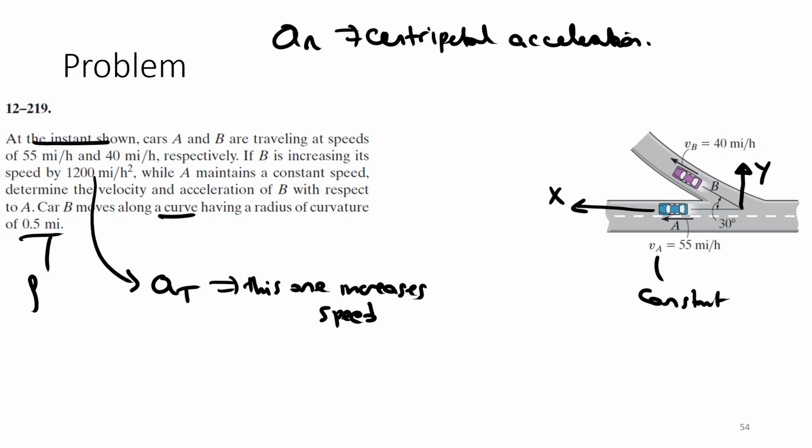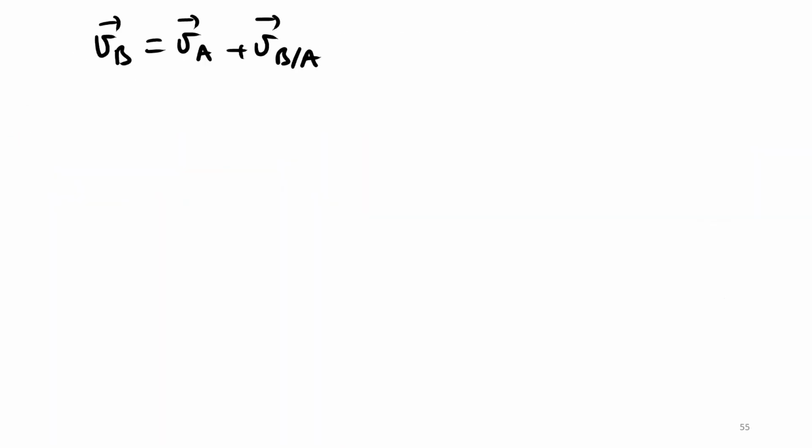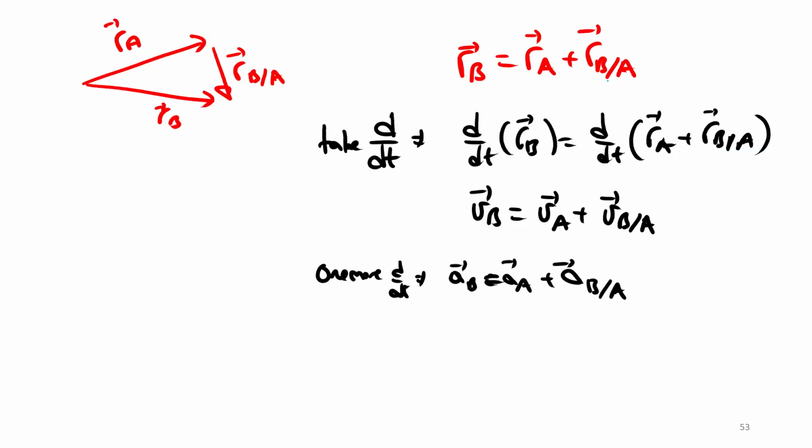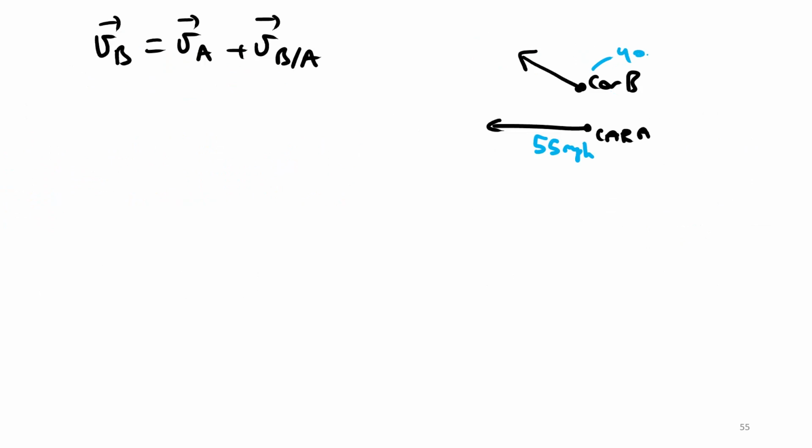Let me just add it here. So this is car B, and then we have car A. The velocity of car A is given as 55 mph. The velocity of car B is 40 mph.